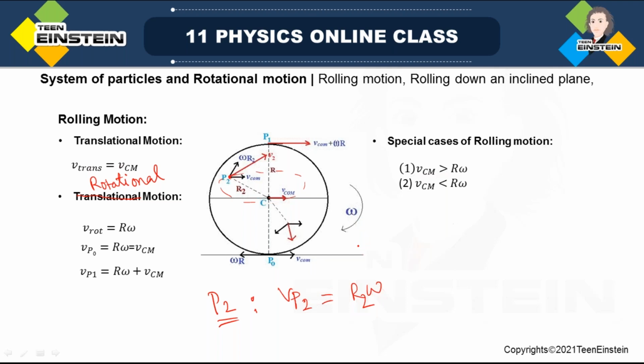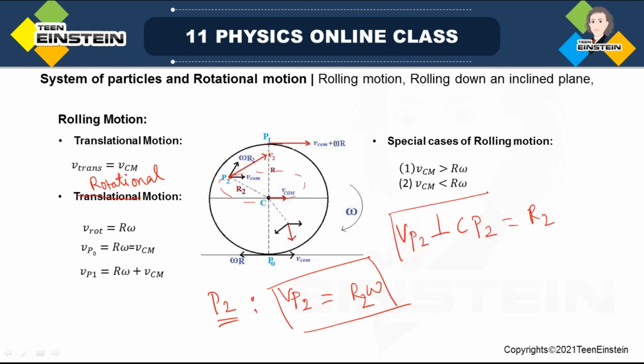Now see, this velocity will always be perpendicular to the radius. CP2 is the radius, which is r2. The linear velocity vP2 arising due to rotation will always be perpendicular to this r2.